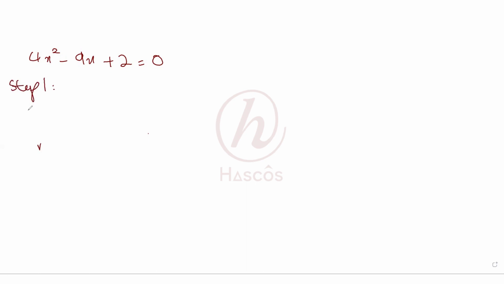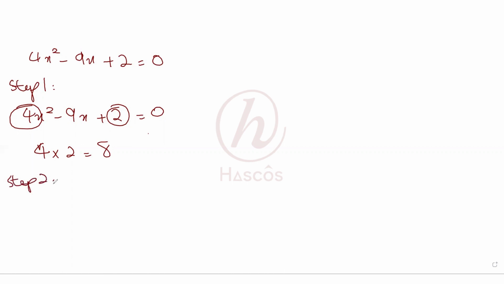Step number 1: the coefficient of x squared is 4. The constant is 2. 4 times 2 gives us an 8. Now, in step 2, we need to figure out factors of 8 that add up to give us a 9.